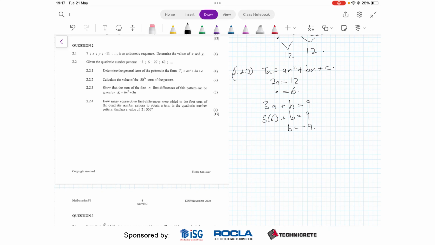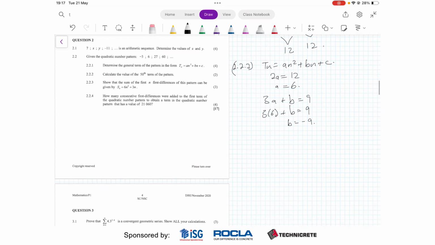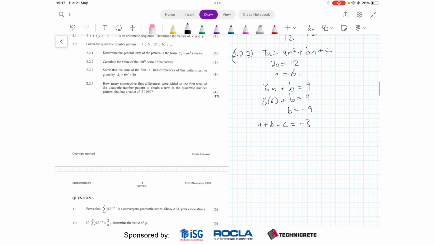And finally, for the first term in our sequence, we can find that by using a plus b plus c equal to the first term in our sequence. Our value of a is 6. Our value of b is minus 9. We have no idea what c is. We can finally conclude that c is equal to 0.